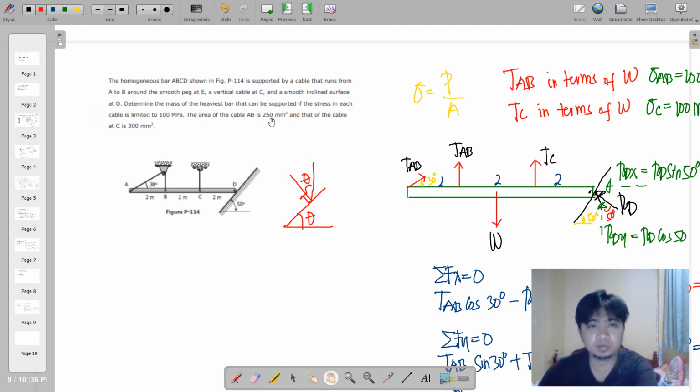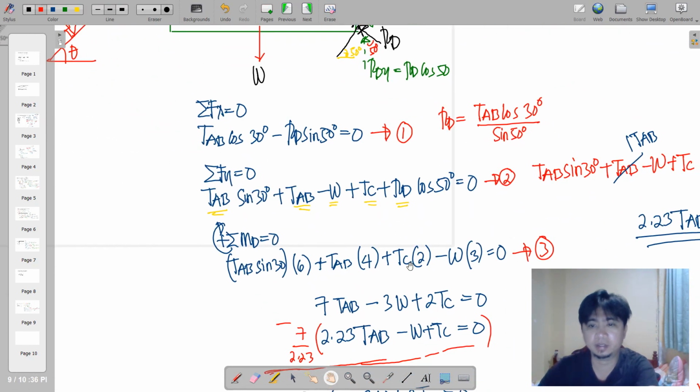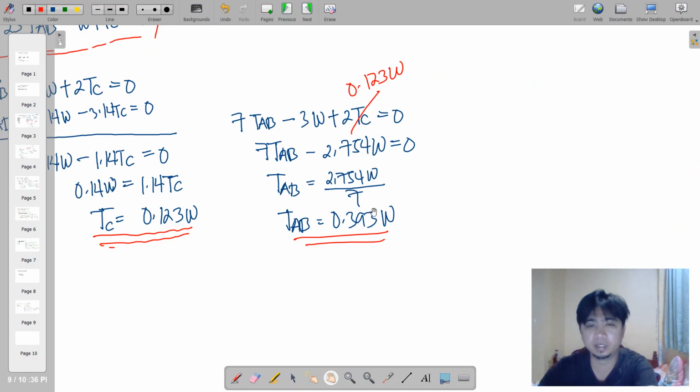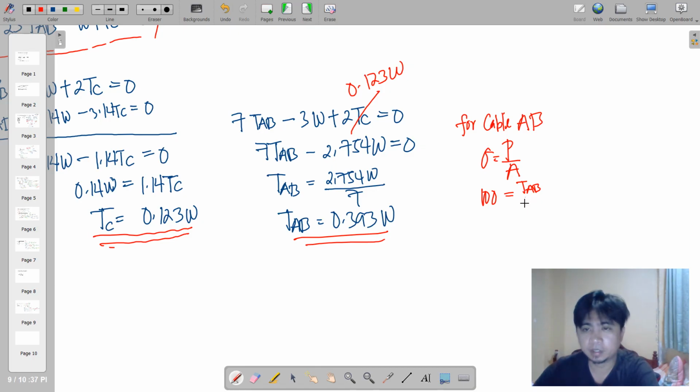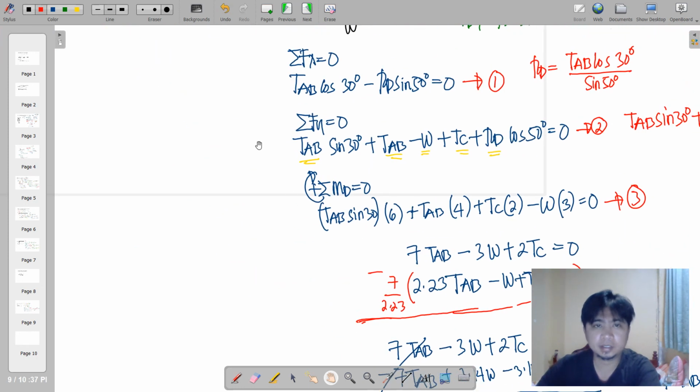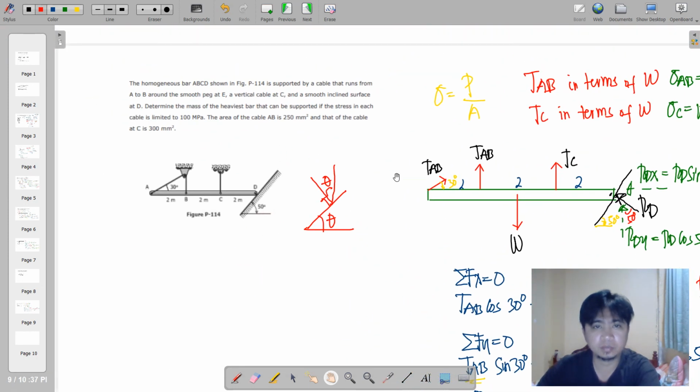For AB we have 250, and for BC that is 300. So we better take note of that. So for cable AB, sigma is equal to P over A. 100 is the allowable. Say we just replace the actual force with the tension at AB, and the cross-sectional area for AB is 250.